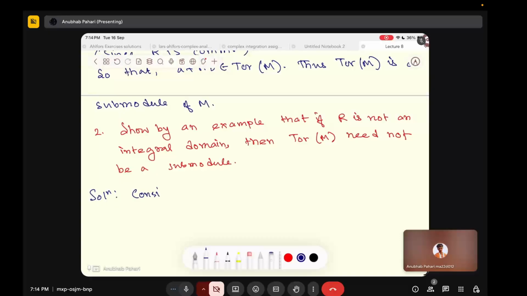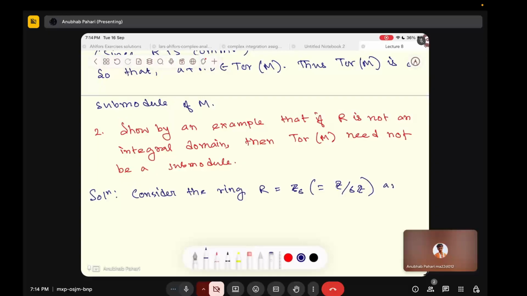Consider the ring Z6, that is Z/6Z. So here 2 times 3 equals 0, so it is not an integral domain.